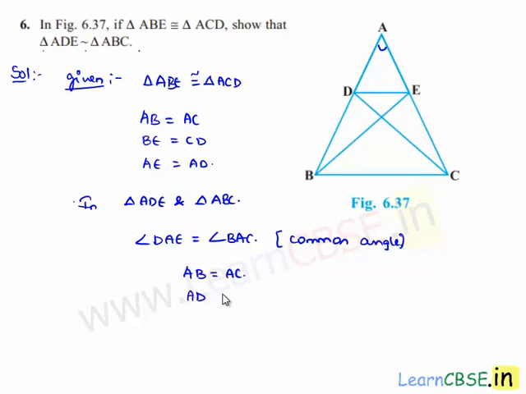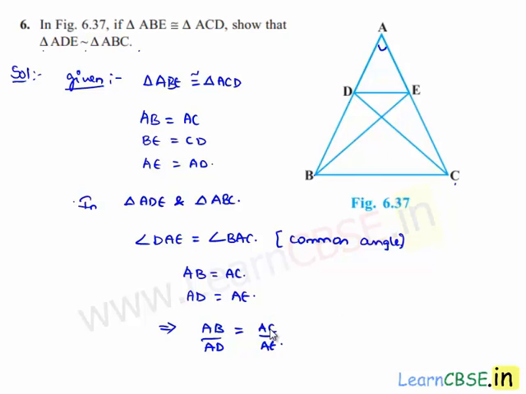Now AE is equal to AD can also be written as AD is equal to AE, which implies, let us divide both the equations, then we get AB by AD is equal to AC by AE. So here if we observe clearly, the corresponding sides, that is AB in triangle ABC by AD in triangle ADE is equal to AC in triangle ABC by AE in triangle ADE.